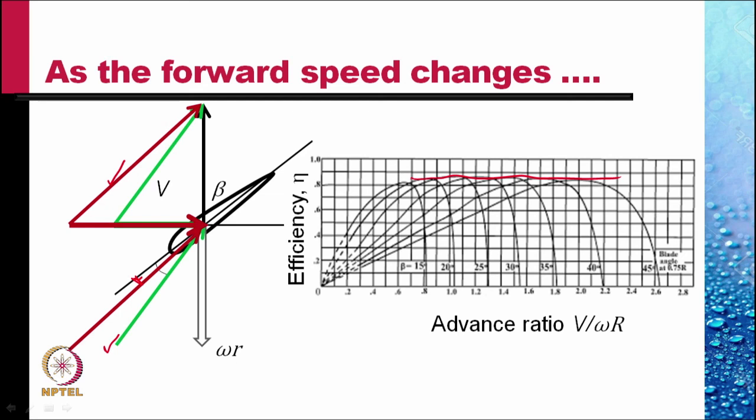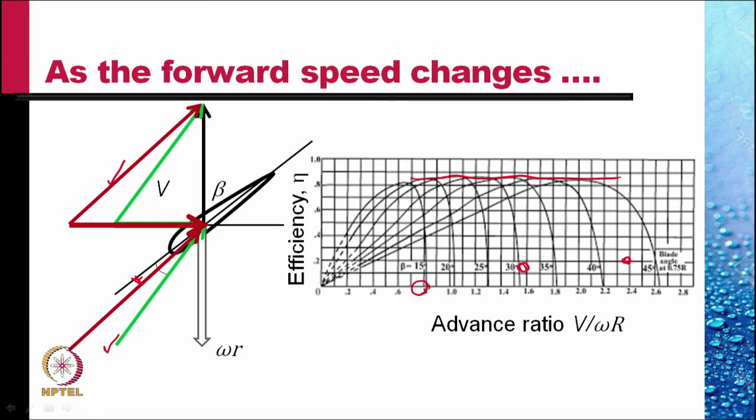At an advance ratio of 0.8, the beta at 3/4 of the radius should be 15 degrees for this propeller, but for twice the speed, that is at 1.6, beta should be more than 30 degrees. And at 3 times the speed, that is at an advance ratio of 2.4, it should be something like 43 degrees.